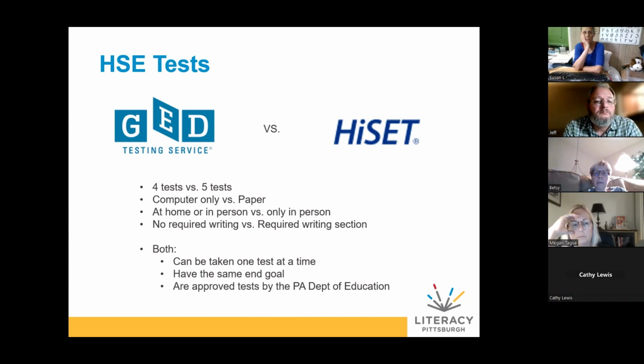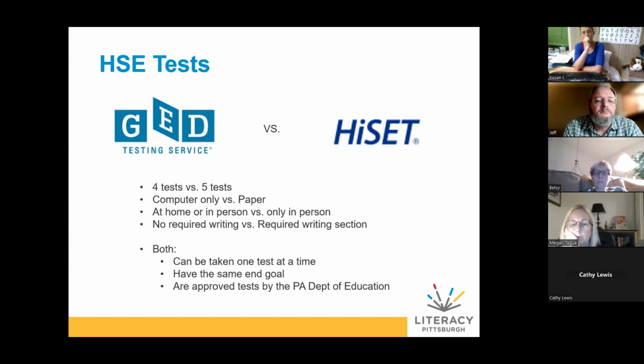So this is where most students consider the HiSET, because they want to take their test on paper. But even if you're going in person for the GED, you're still taking it on a computer at a testing center. But the GED can be done in person or at home, while the HiSET can only be done in person.